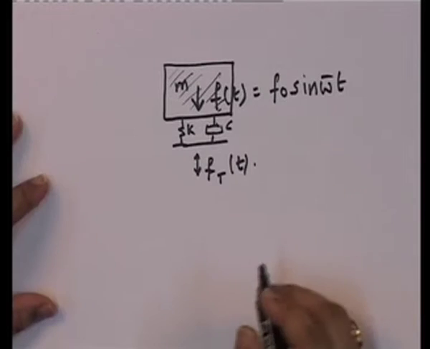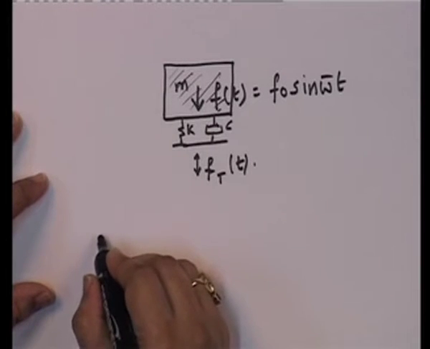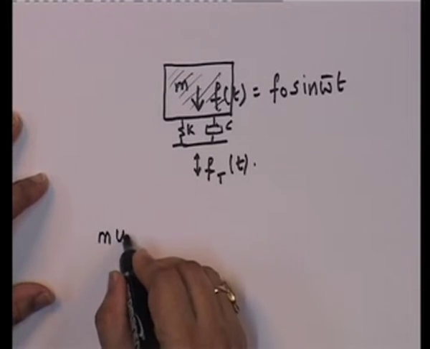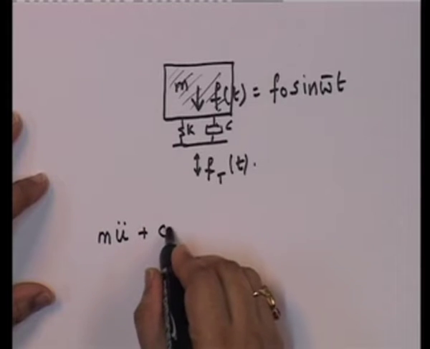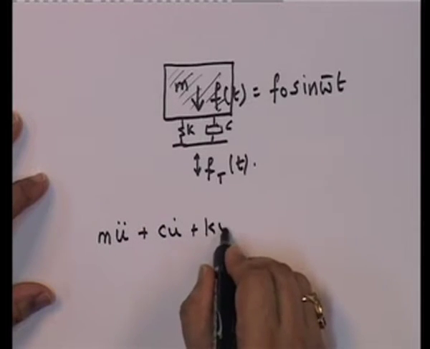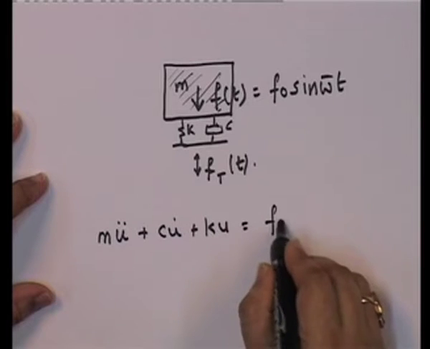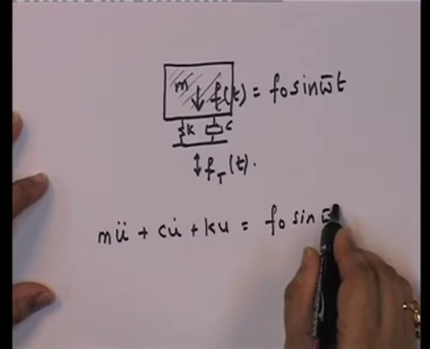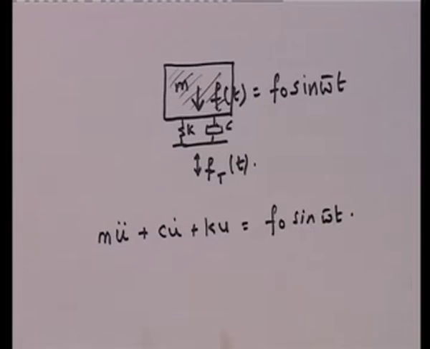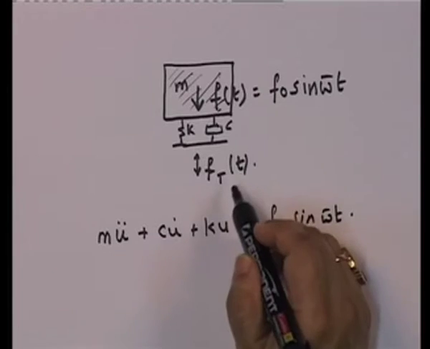So, what is this problem? This problem is nothing but m u double dot plus c u dot plus k u is equal to F0 sin omega bar t. This is a single degree of freedom problem. Now, the question is, what is the transmitted force?